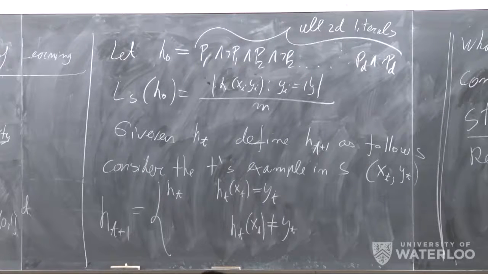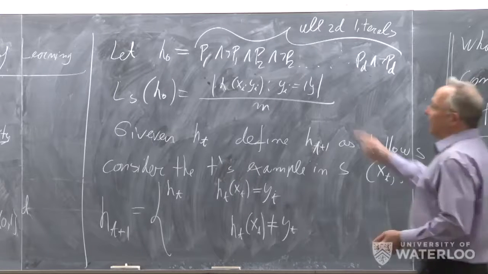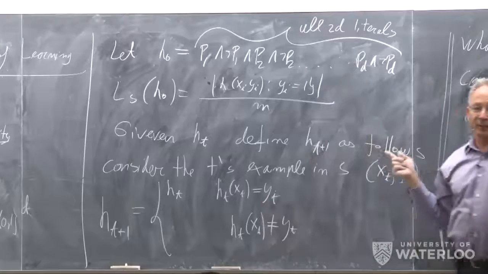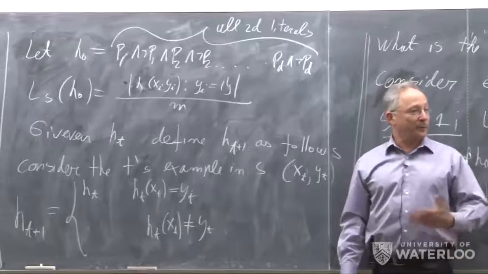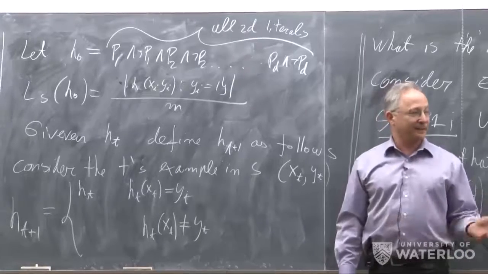Now I have some list of current requirements, and there comes a student that I really want to accept. So I'm going to tweak my requirements. How am I going to tweak my requirements to accept this student? I'm going to delete any requirement that this student doesn't satisfy, so that my next requirement will be such that the student is really inside.